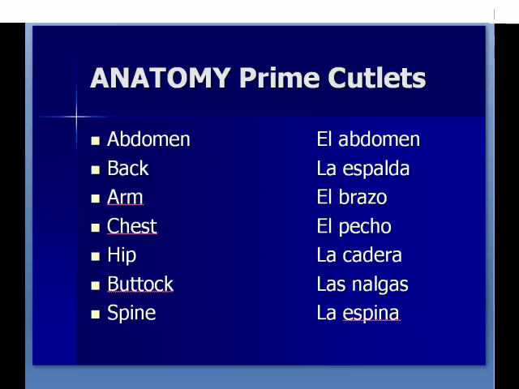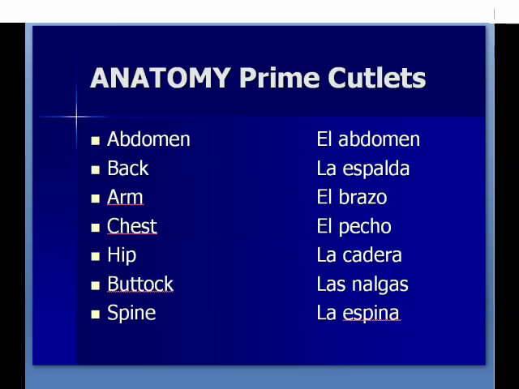So, to begin, for the abdomen, el abdomen. For back, la espalda. Arm, el brazo.